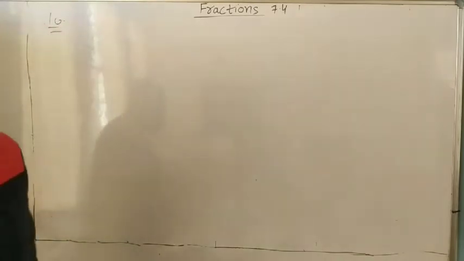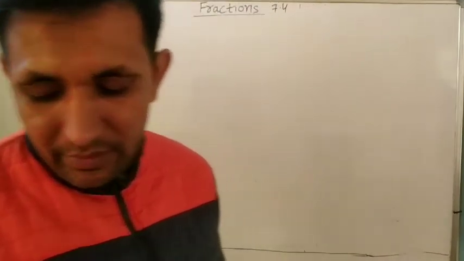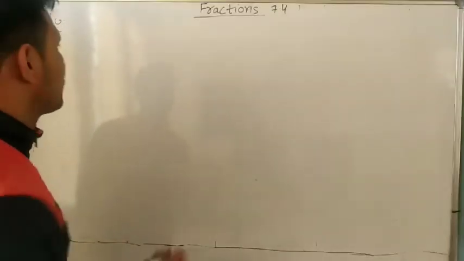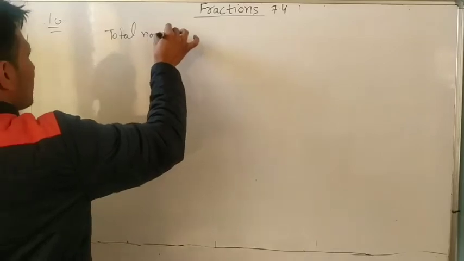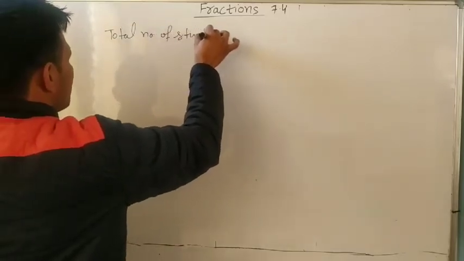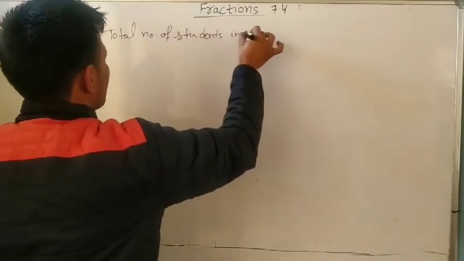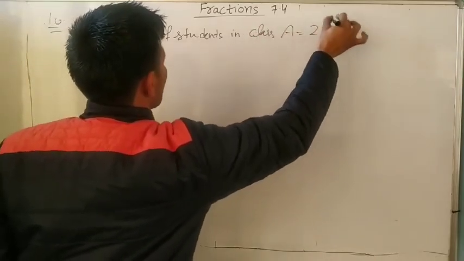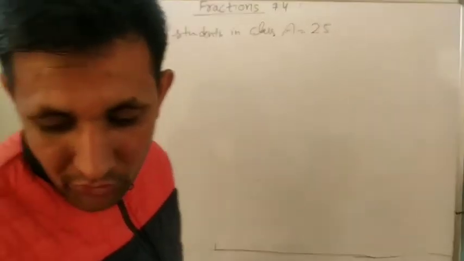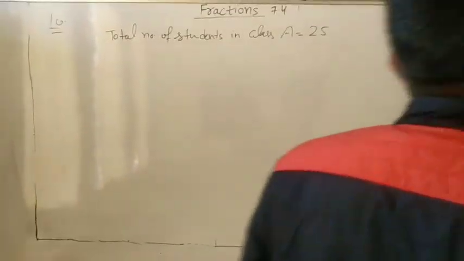Next is question number 10. In a class A of 25 students, so write total number of students in class A. How much? 25. Next, 20 passed in first class.